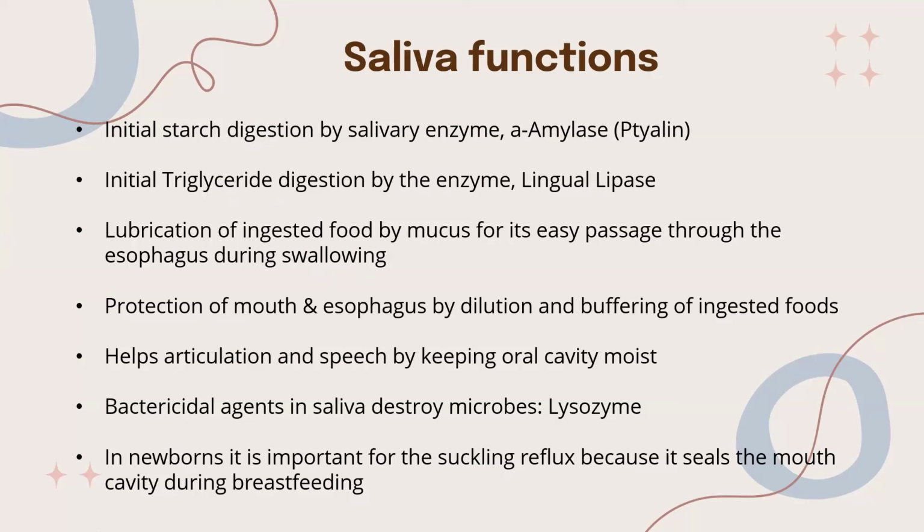It helps in articulation and speech, so our speech can be better and properly articulated. There's an antibacterial agent in saliva, lysozyme, which destroys microbes. And in newborns, it's important because it can seal the mouth cavity during breastfeeding.